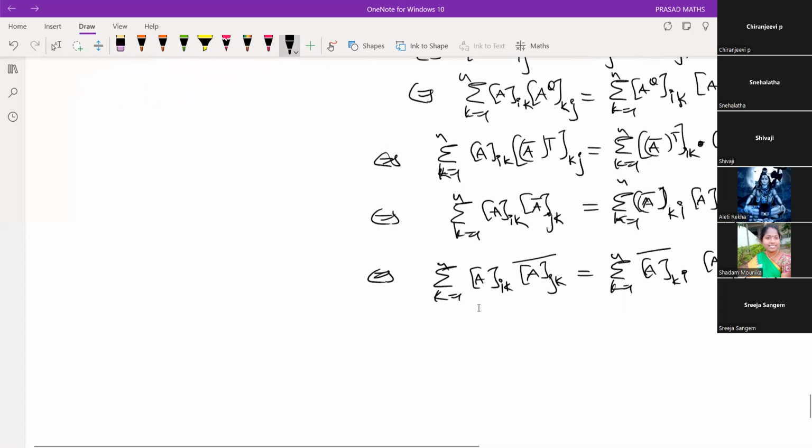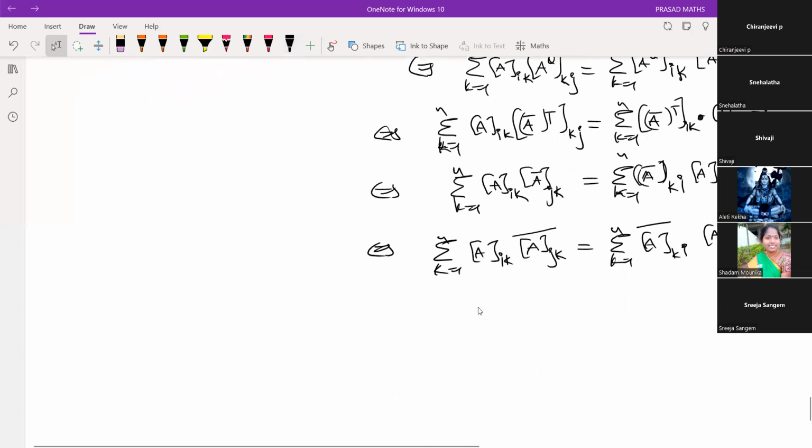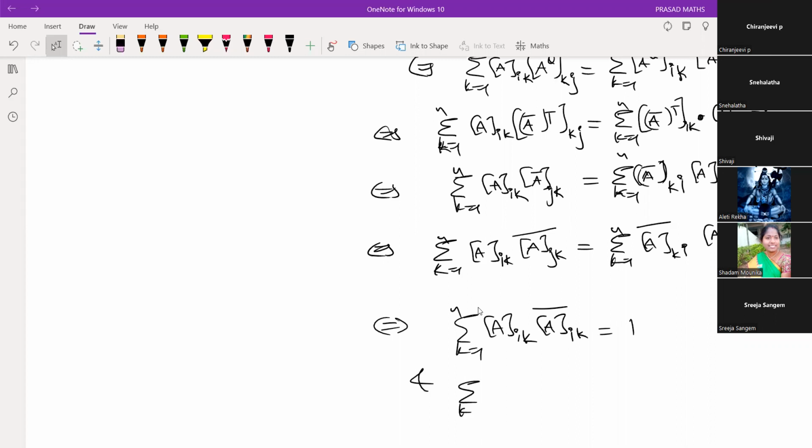Right? This is exactly the same as saying that the canonical delta works whenever j equals i, it is 1, otherwise it is equal to 0. So using this idea, whenever j equals i, what happens? Whenever j equals i, this is a_ik times the conjugate of a_ik, and this equals 1, with k equals 1 to n.